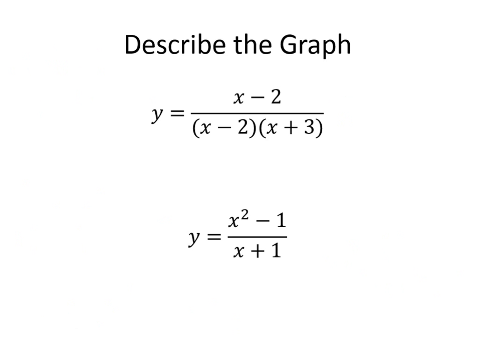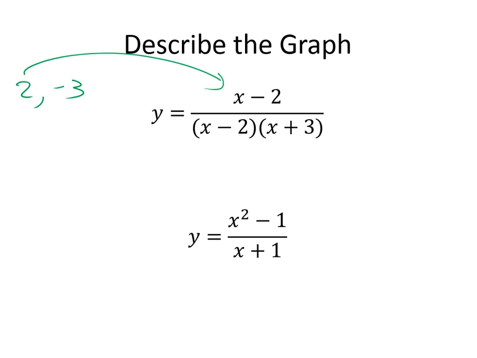Okay, so let's look at this one. If we want to describe the graph, okay, so where are vertical asymptotes, where are holes? So where do we zero out the bottom on this one? We zero out at 2 and at negative 3. Okay, so that means we have certain things there. We either have vertical asymptotes or a hole. If we plug a 2 into the top, we get a 0.